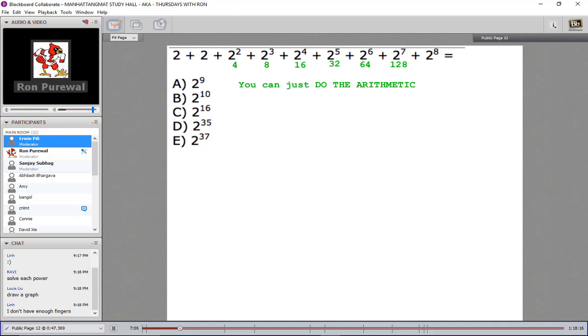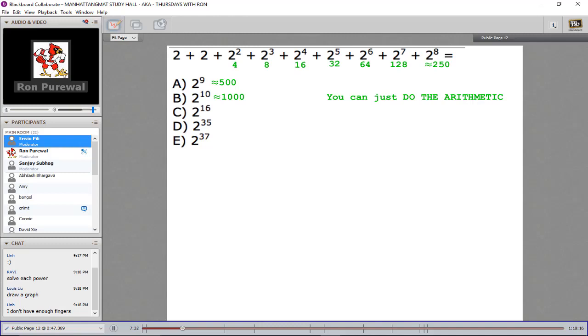But 128 is pretty close to 125. So 2 times that is really close to 250. And then 2 to the 9th is another 2 times, approximately 250. 2 to the 10th is about 1,000.